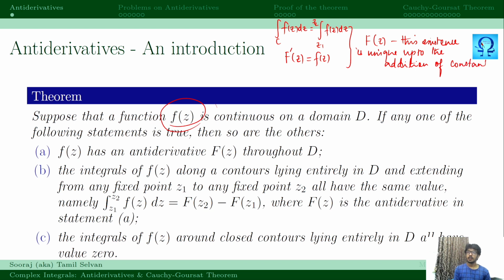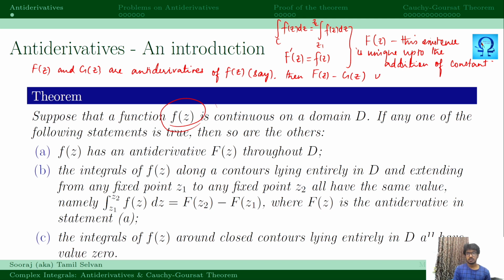This means if you are able to identify some function F of z which is an antiderivative of the given function small f of z, and you get some other antiderivative, let us say big F of z and g of z are antiderivatives of small f of z, then big F of z minus big G of z is constant.